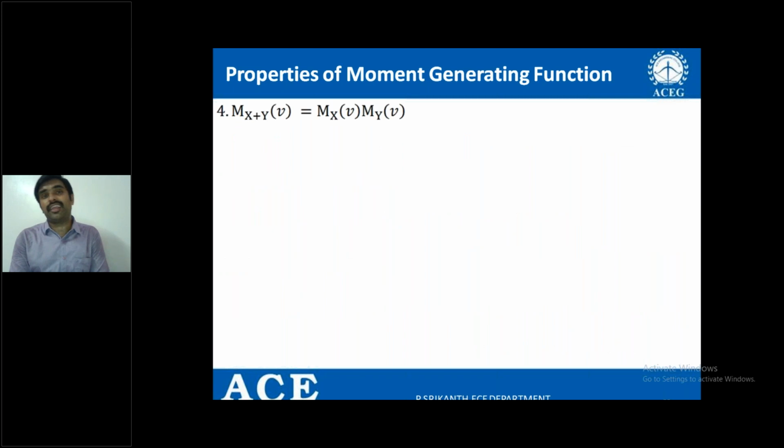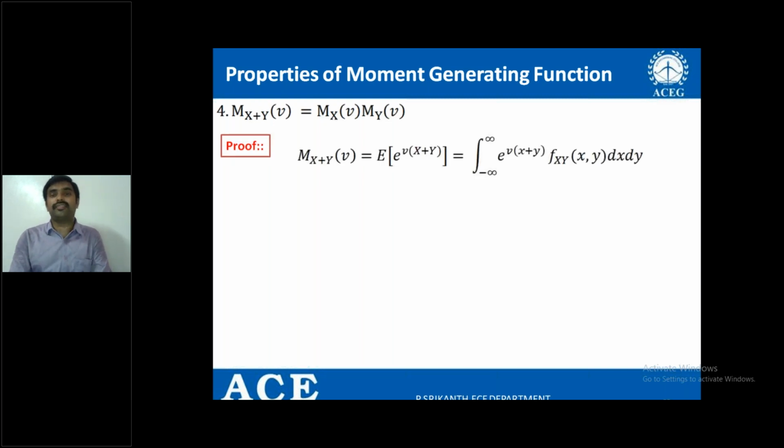The fourth property is m of x plus y of v equal to mx of v into my of v, if x and y are independent random variables, right? Similar to the previous characteristic function, right? That is, m of x plus y of v equals the expectation of e power v into x plus y. And here also we get the joint density function, that is fxy of x comma y dx dy.